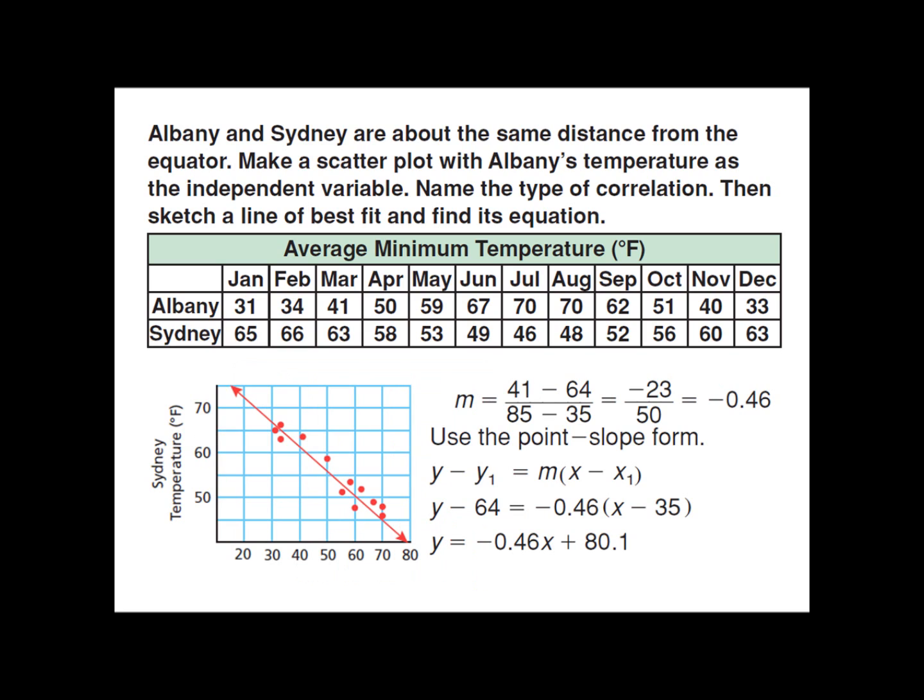So let's use the point (85, 41) and the point (35, 64). We do a slope calculation. We get a slope that's equal to negative 0.46, or pretty close to negative half. We plug into our point slope form and we get an equation y equals negative 0.46x plus 80.1.